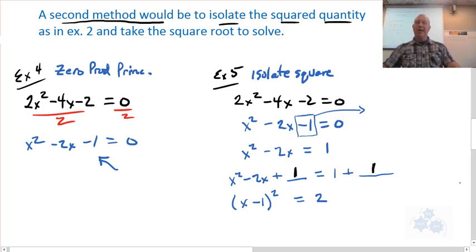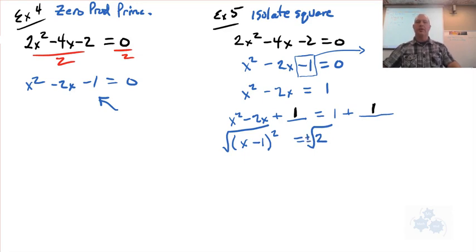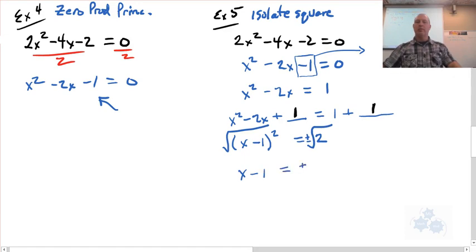Okay, and then what we can do is take the square root of both sides. This is going to be plus or minus because I'm taking the square root of a number. So this is going to be x minus 1 equals plus or minus the square root of 2. x is now going to be equal to plus or minus the square root of 2 plus 1.